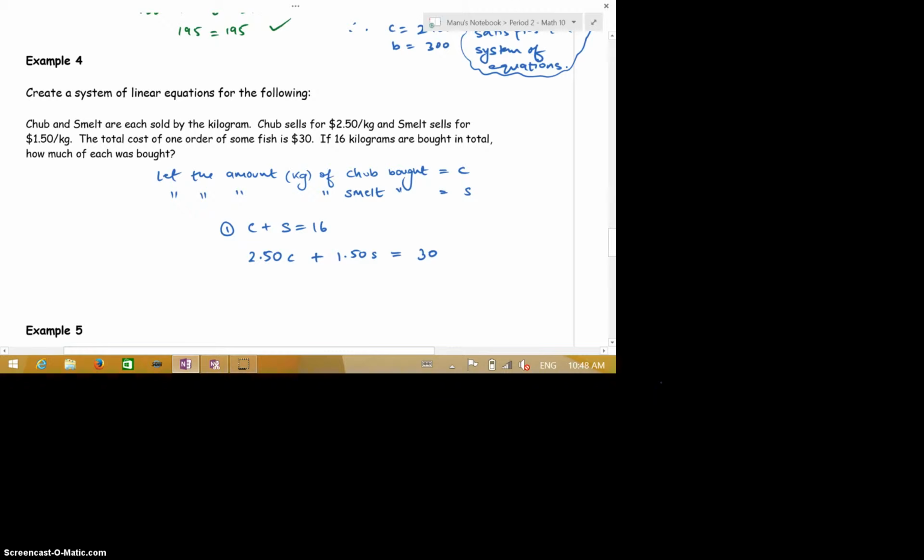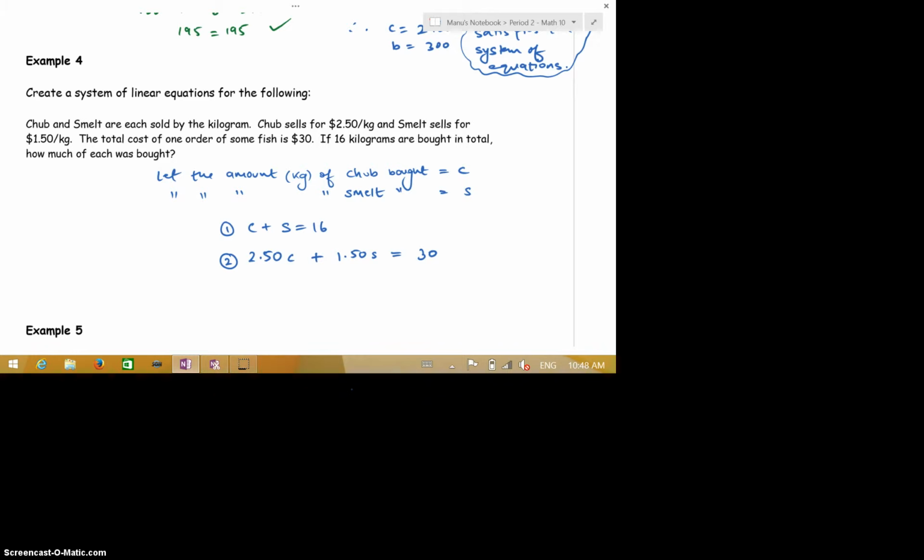So $2.50 times the amount of C you bought plus $1.50 times the amount of S you bought. And the total money you paid was $30. Those are your two linear equations. Again, left hand side is dollars, right hand side is dollars, dollars and dollars add up. So far so good?